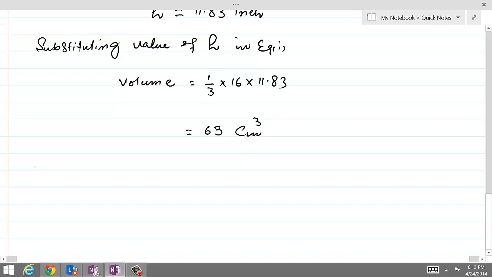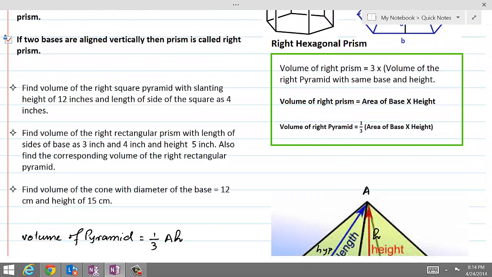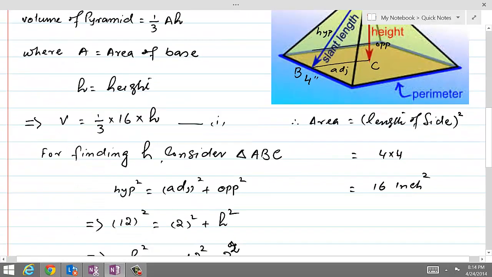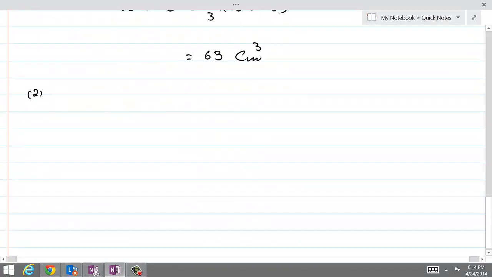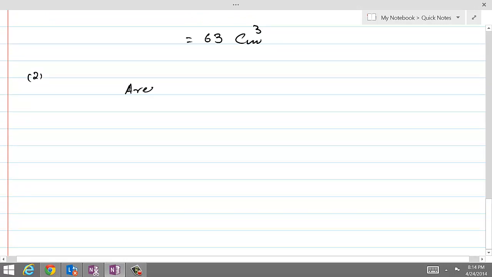For question number 2, we are given: find the volume of the right rectangular prism with length of sides of base as 3 and 4 inches and height equal to 5 inches. So let's first find out the area of the base. Area of base of prism is equal to length times width.